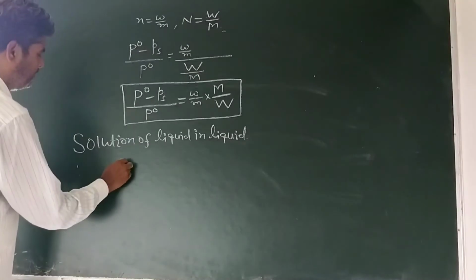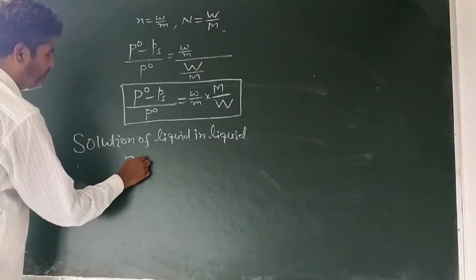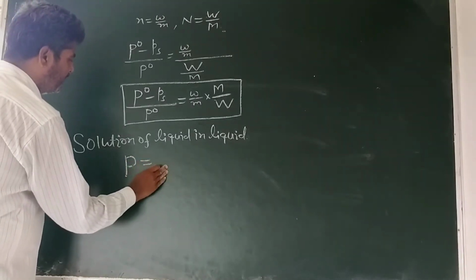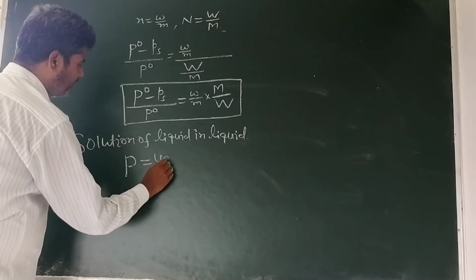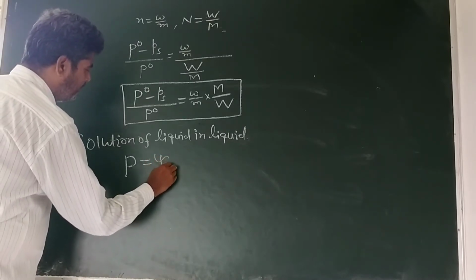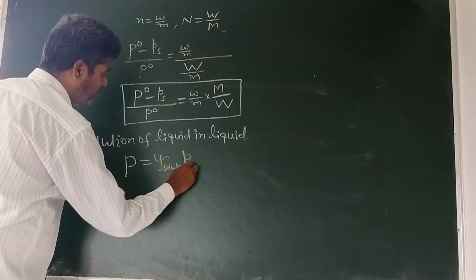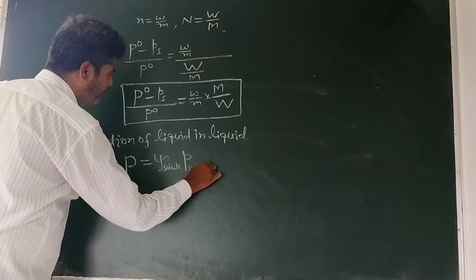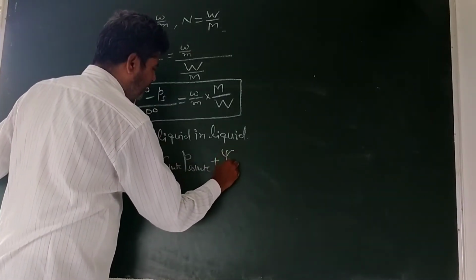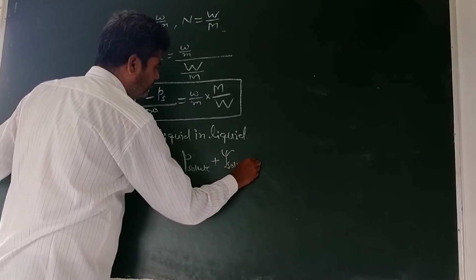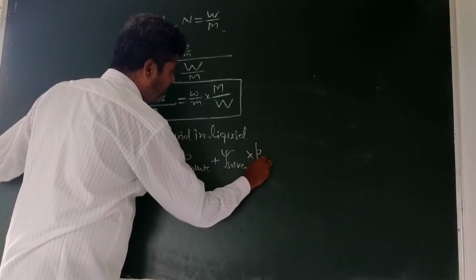Then the pressure of solution, that is mixture, will be equal to mole fraction of solute into partial pressure of solute plus mole fraction of solvent into partial pressure of solvent.